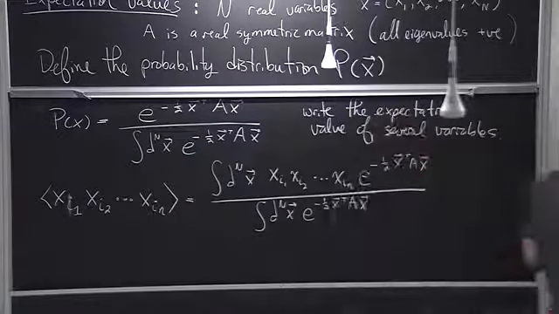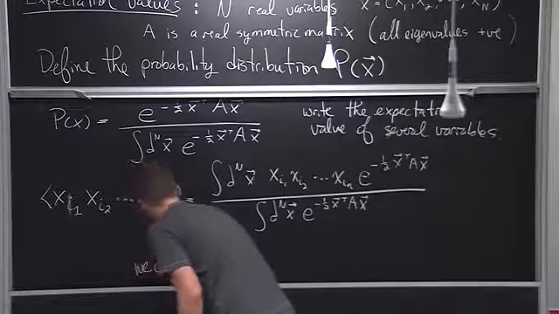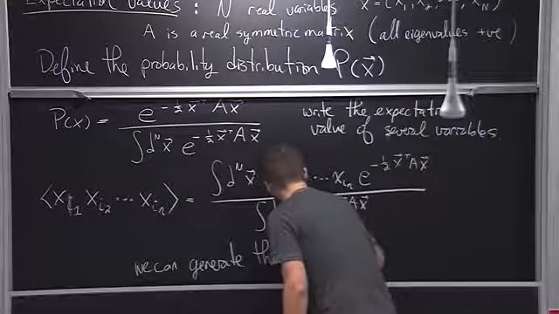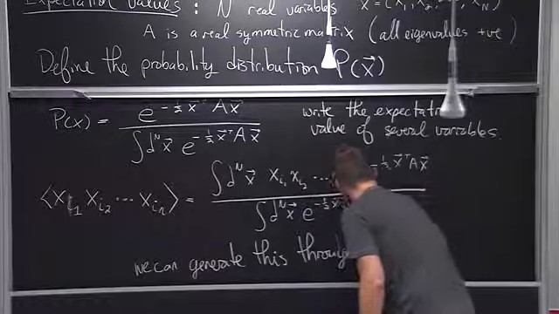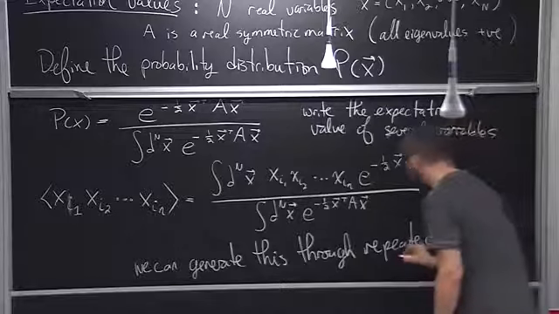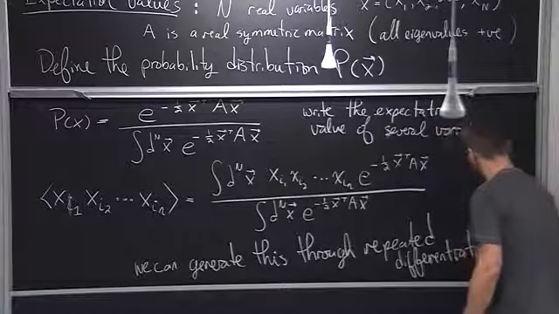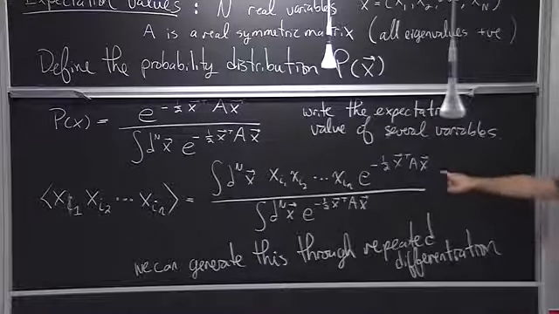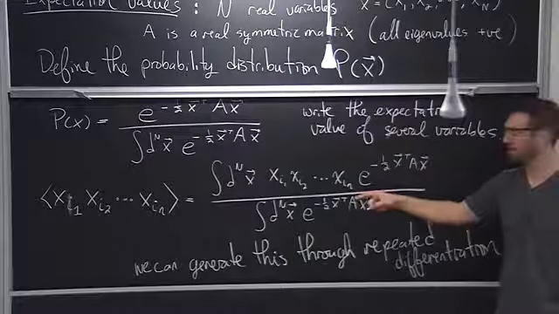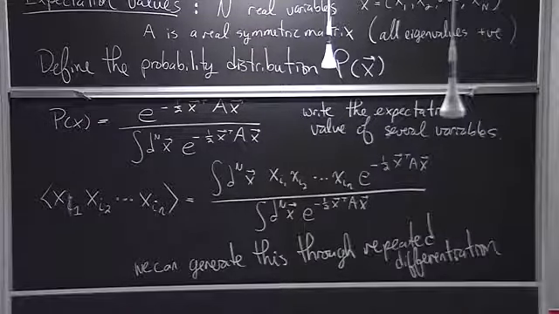I'm going to move over here. Like I say, we can generate this by the repeated differentiation of an exponential. So we have to make our exponential include a dummy variable that we're differentiating with respect to, and all those fields that we're interested in.